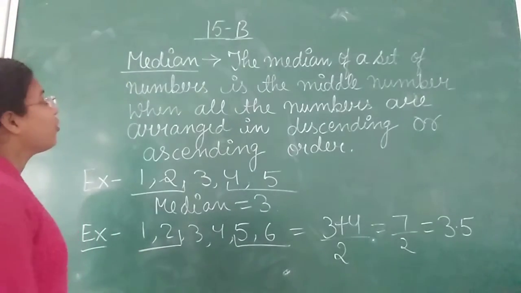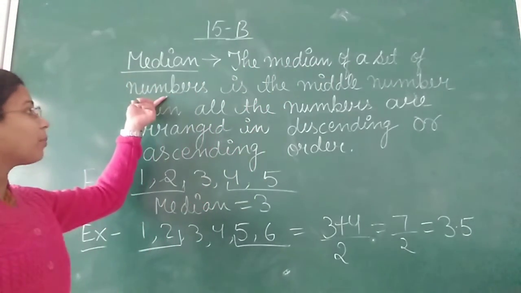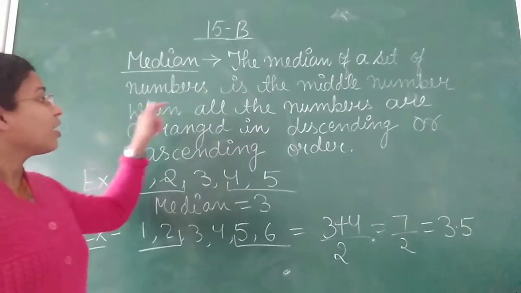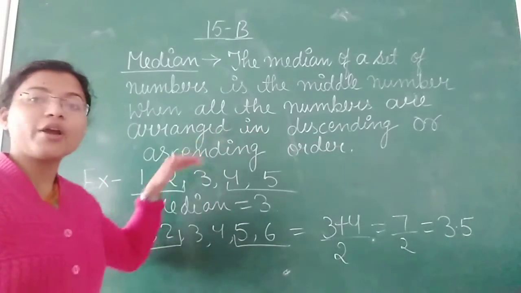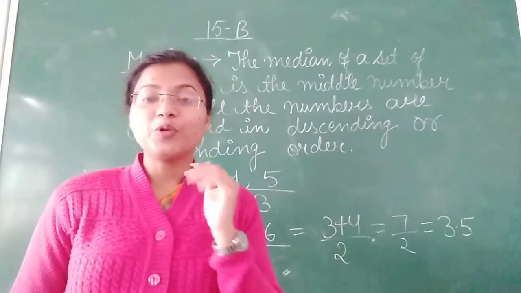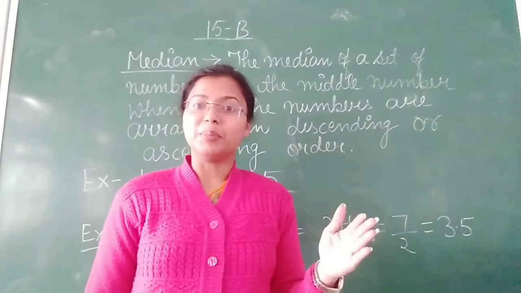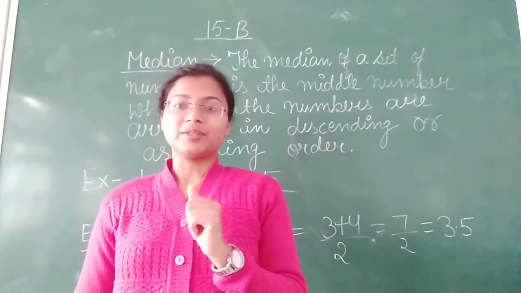The definition of median is: the median of a set of numbers is the middle number when all the numbers are arranged in descending or ascending order. The first step to find the median is to arrange the numbers in ascending or descending order.